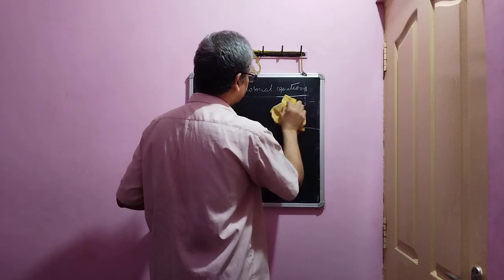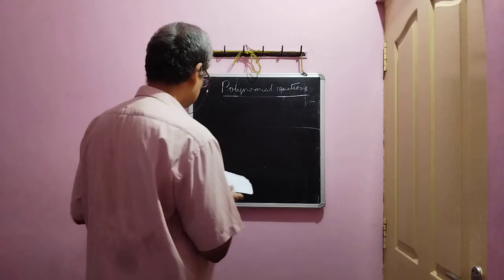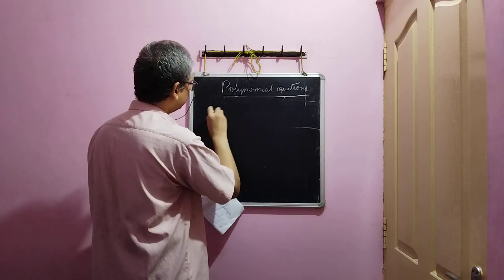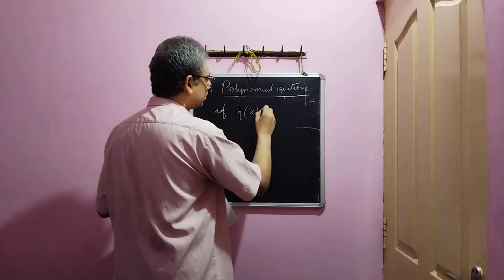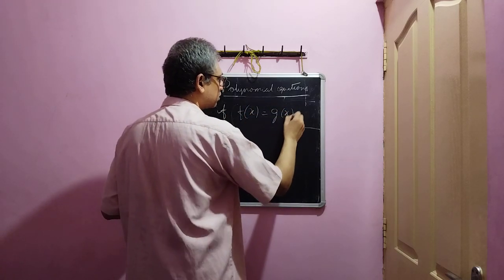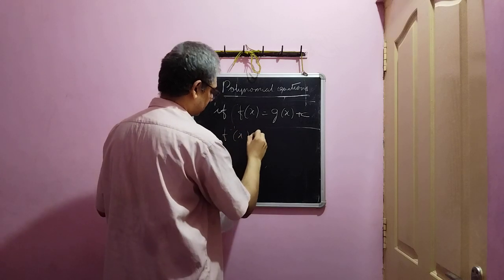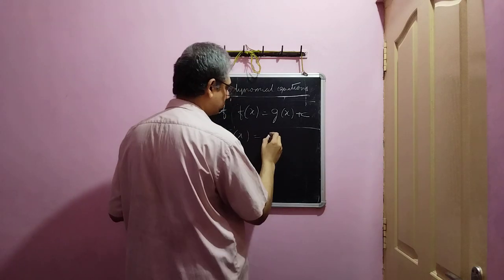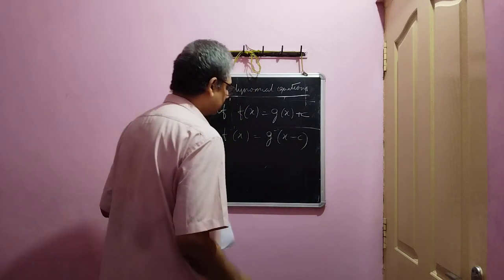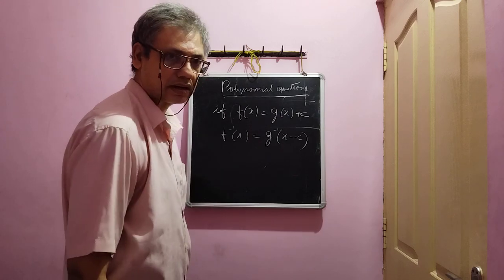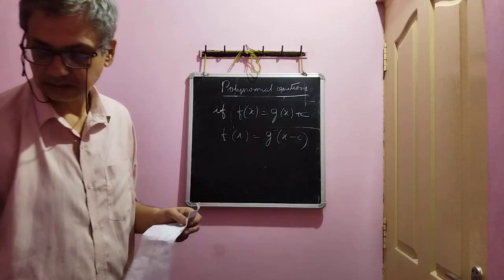So we also know that if f of x equal to g of x plus c, then f inverse of x is equal to g inverse of x minus c. Therefore, for the f inverse we found earlier, we have to replace x with x minus c.